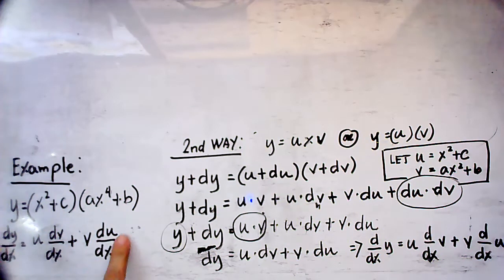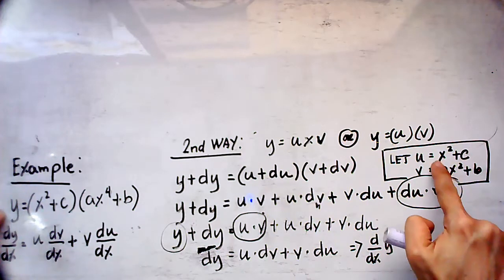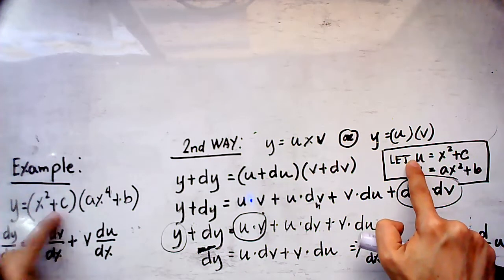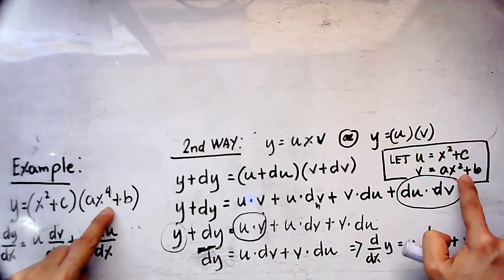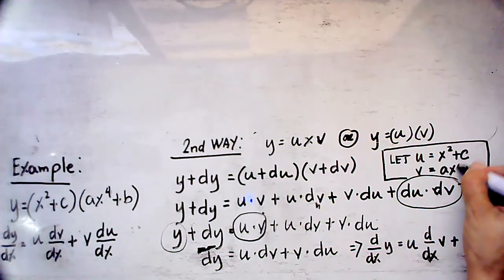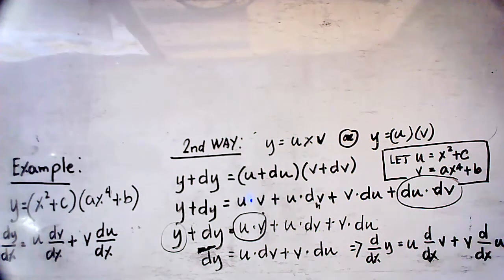So from our example, we let x squared plus c is equals to u, and ax to the fourth plus b is equals to v. Then we are going to apply the general rule that we have established a while ago.